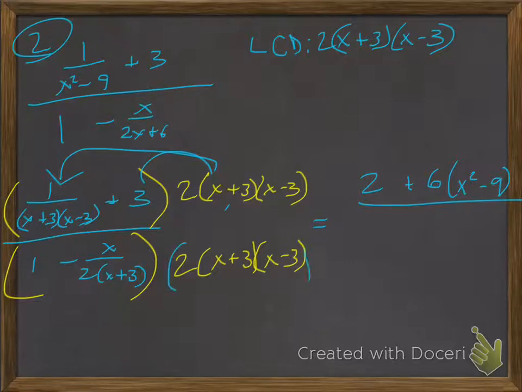When I multiply this whole thing to that 1, nothing cancels out. So I have 2 times x squared minus 9. When I multiply it here, the 2 cancels out, and the x plus 3's cancel out, so it's just left with negative x times x minus 3.